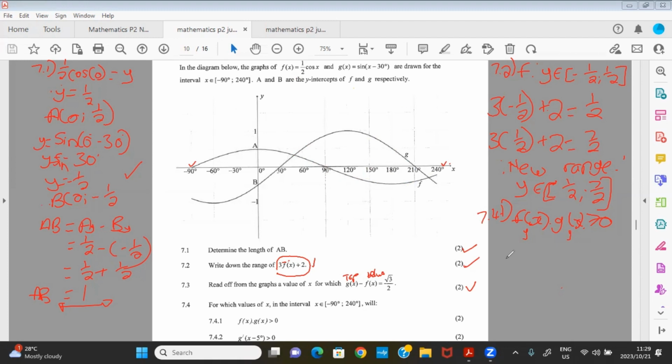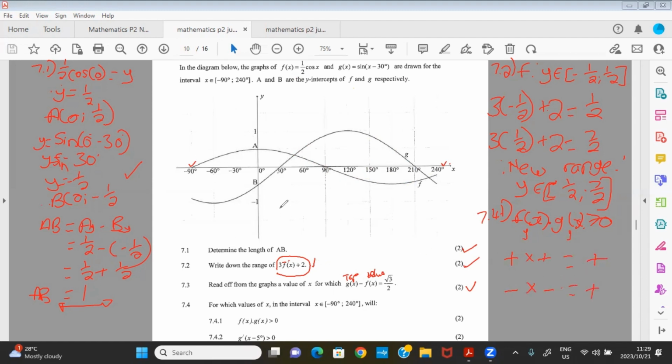How will I get a positive if I'm multiplying two numbers? A positive times a positive will give me a positive, or a negative times a negative will give me a positive.